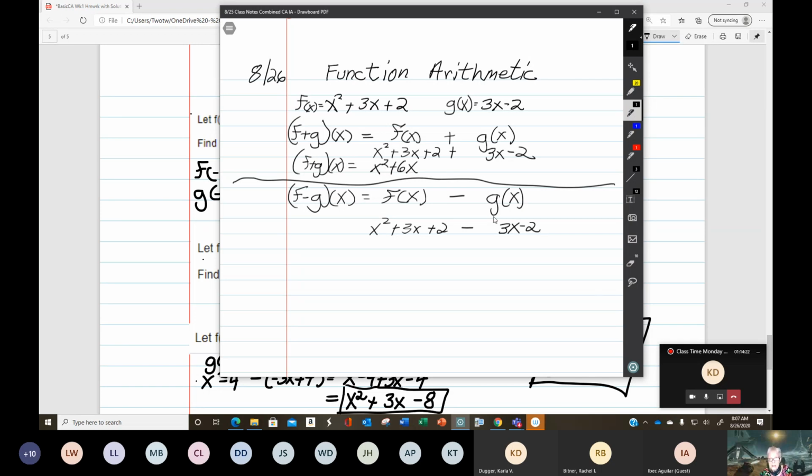Whatever I'm subtracting, I have to put in parentheses, because when I subtract more than one term, I have to distribute that minus sign to all of the terms in the parentheses. Since there are two terms here, I have to distribute the minus sign to both of them. Now I'll have x squared plus 3x plus 2 minus positive 3x minus negative 2.